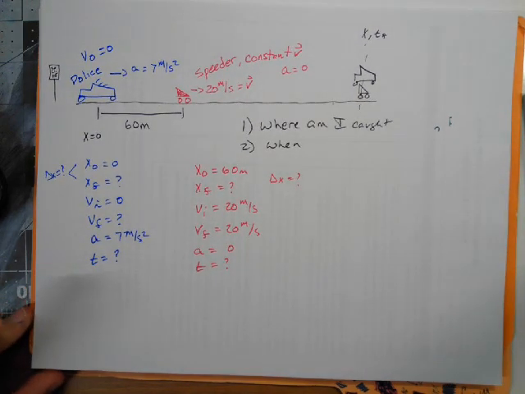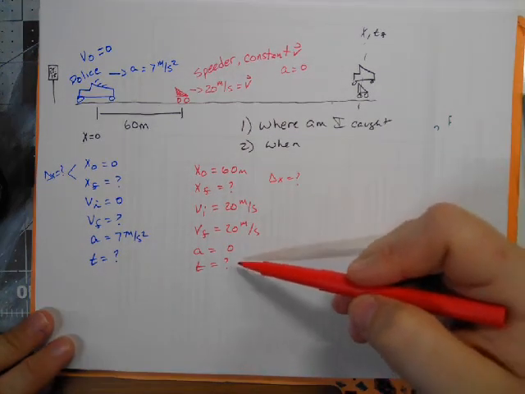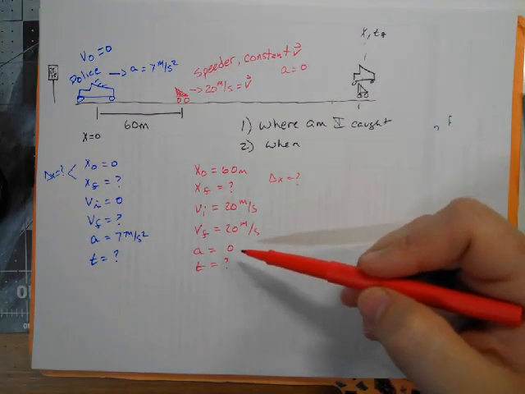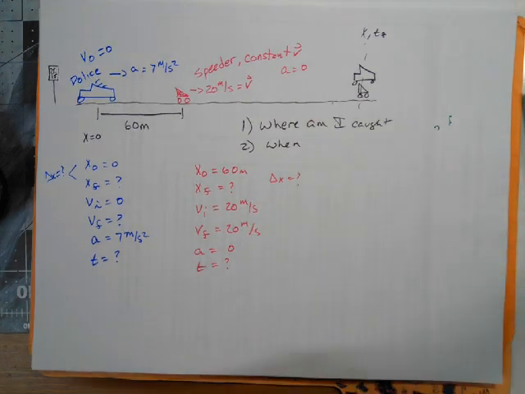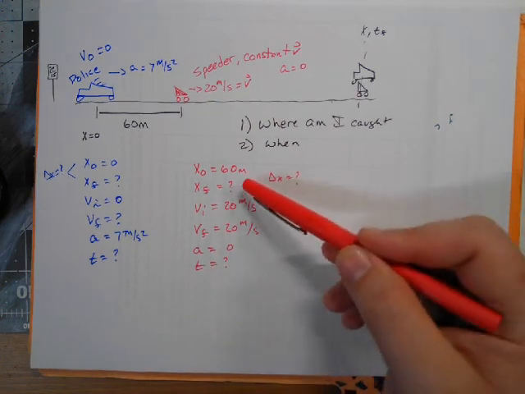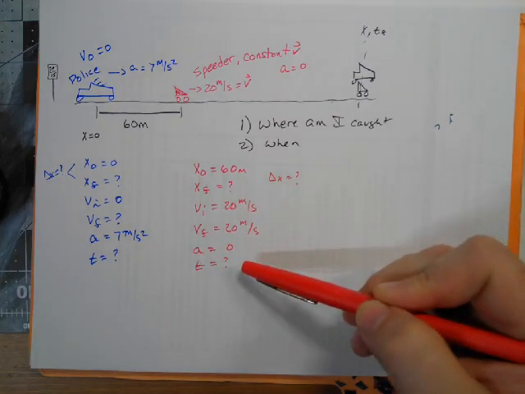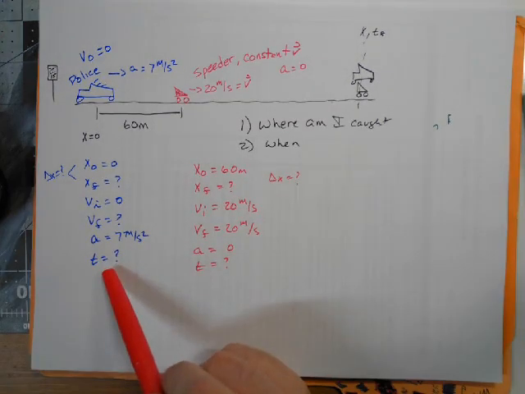So we're kind of stuck here, in that most of our normal equations depend on V initial and V final changing. We kind of don't have enough information. What determines what X final is the time, but the time is set by what the cop does.